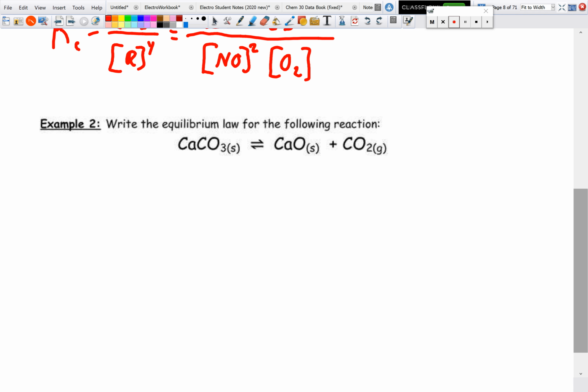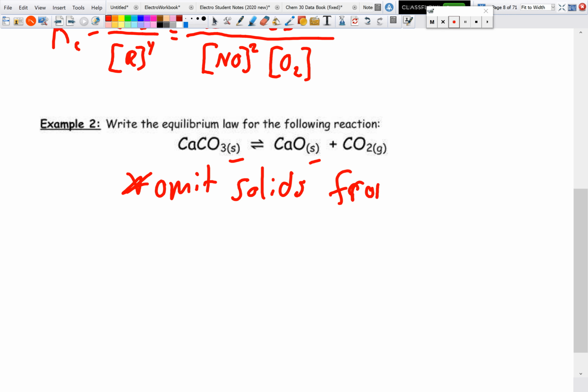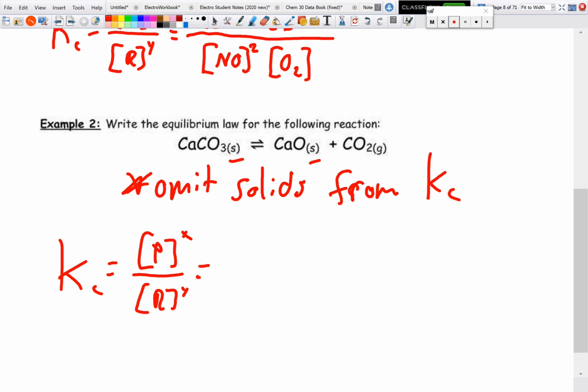Now right away, we see solid and solid. So we omit solids from our equilibrium constant. That means if we have our equilibrium constant equal to products over reactants, for our products we omit that altogether, so we're just left with CO2.